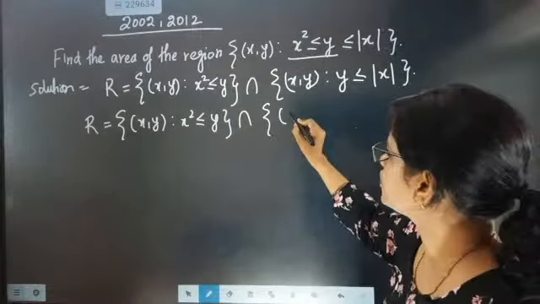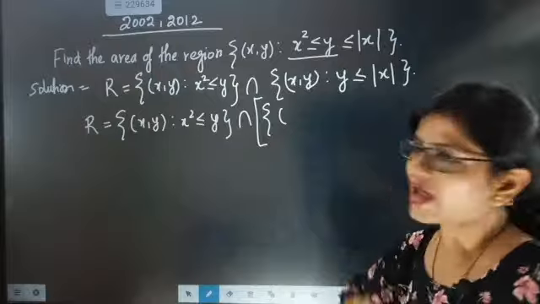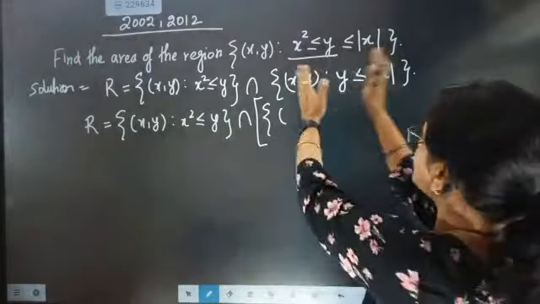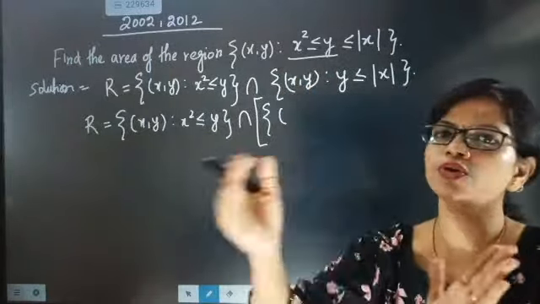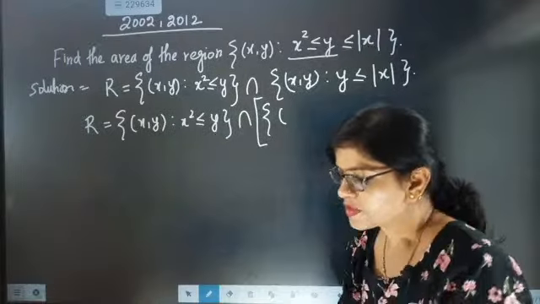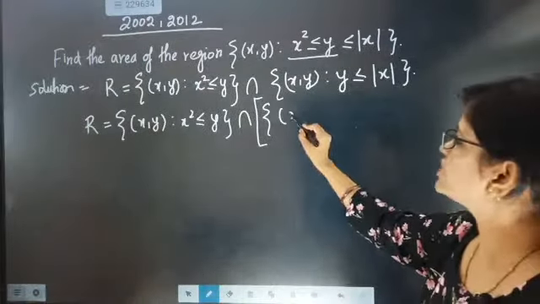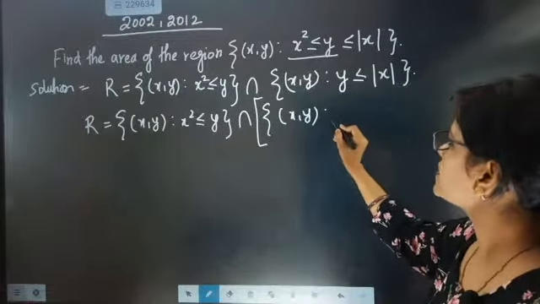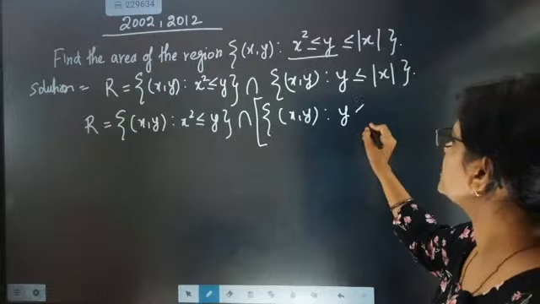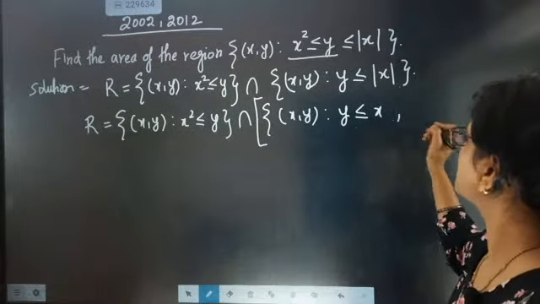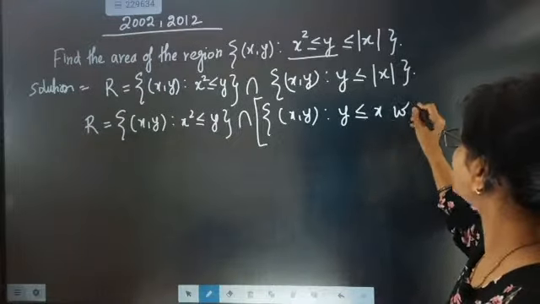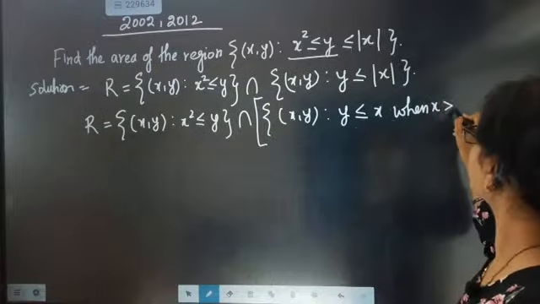So first, we are going to take a big bracket and then distribute region 2 into internal regions. Here we will write {(x, y)} such that y ≤ x when x ≥ 0.